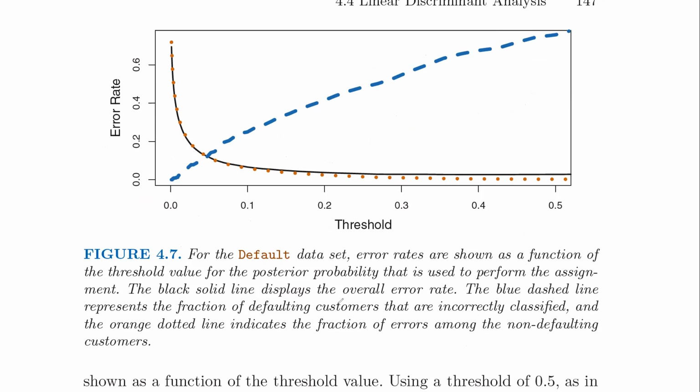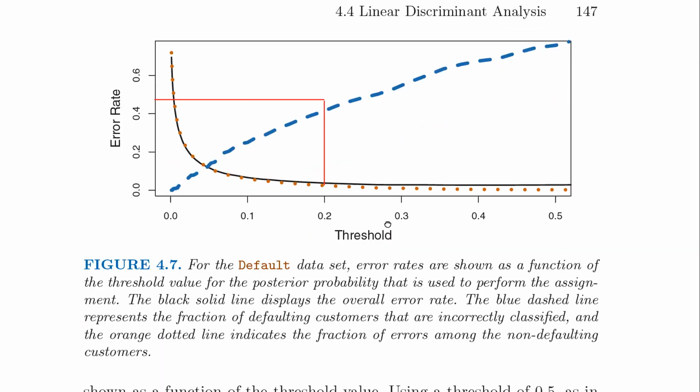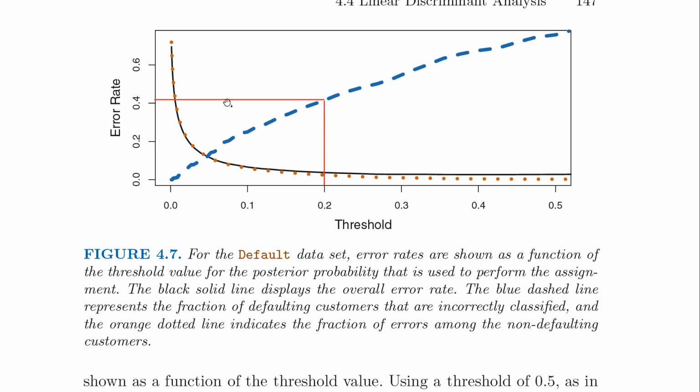What we've just done is a 0.2 threshold. And do we remember we had a 41.4% error rate? That's exactly this.